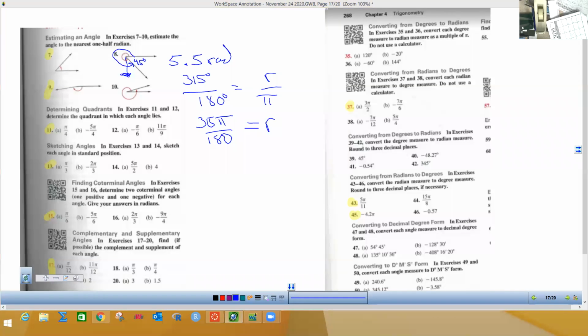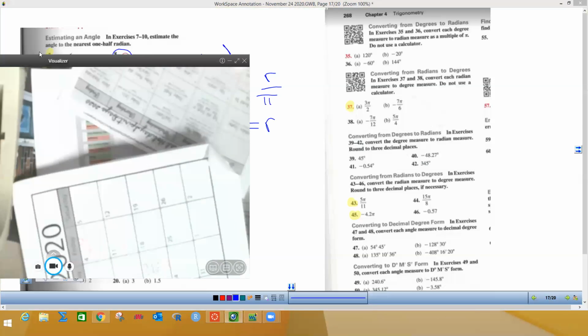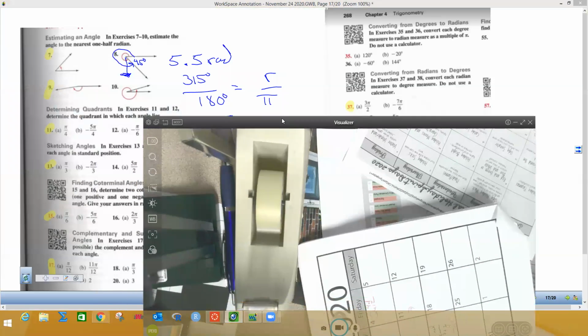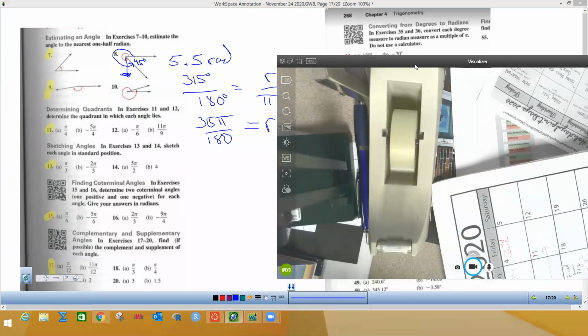All right, maybe this will do it. Let's see if this gives me my picture back here, hopefully. There we go. All right, got the picture back. Okay, so I'm going to type in this 315 pi.